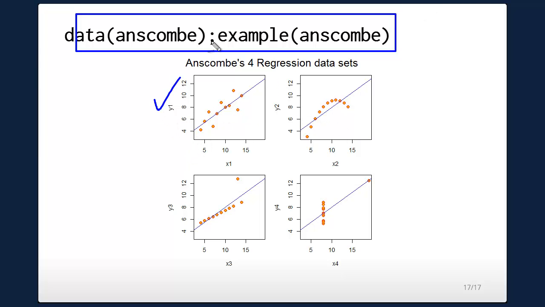This one looks like what we would think of as a regression relationship. This is clearly a no variance kind of quadratic that you shouldn't fit a line to. Here's a no variance line with a single outlier, and here's an instance where all of your data is at one single X value and one data point is up at a large X value. All of these wind up with the same R squared, so it shows you that reducing even simple data sets down to that single number isn't necessarily the best thing to do.